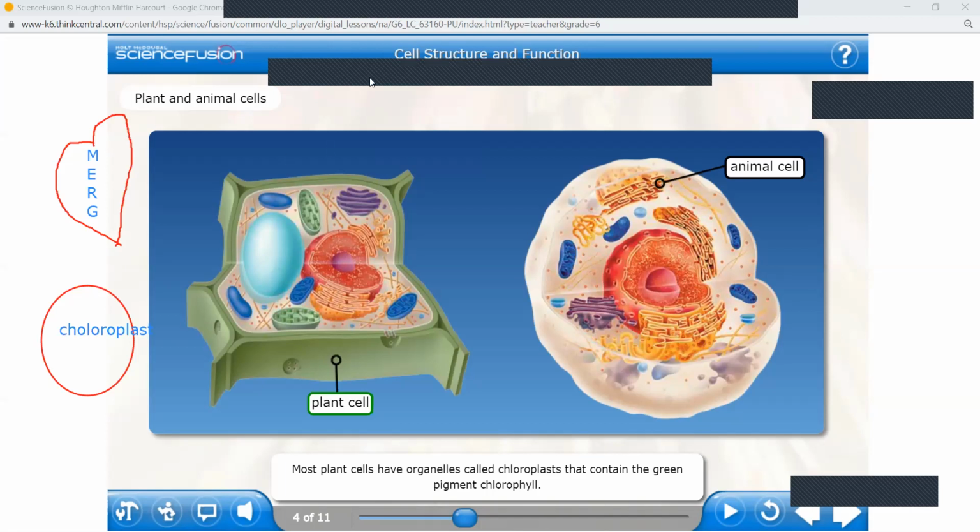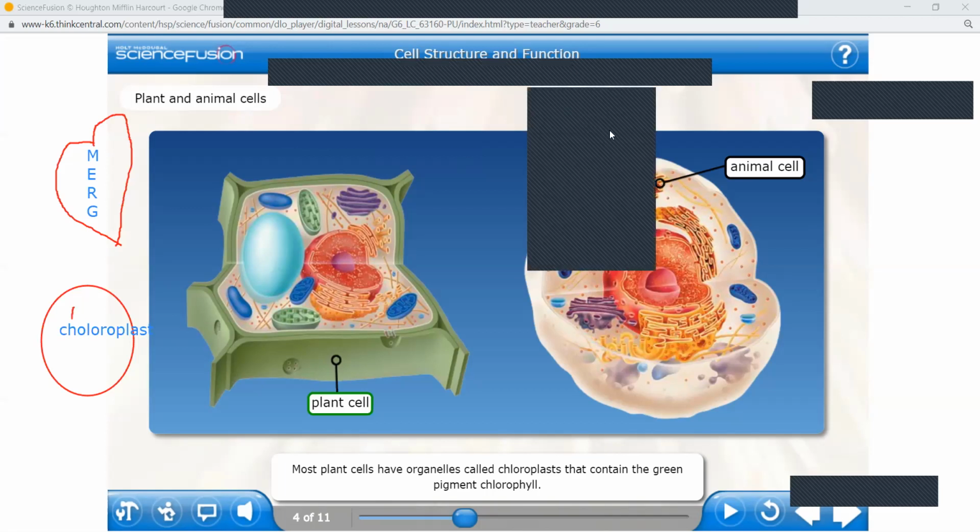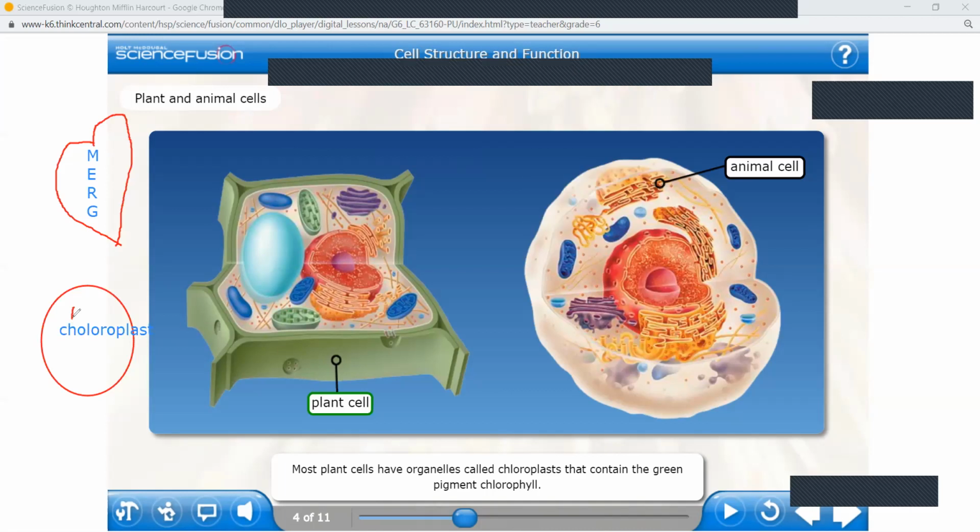So I will just draw some leaf here, this green color leaf, so that you know that this is something only the plants have. If I ask you tomorrow, is chloroplast present in animal cell?